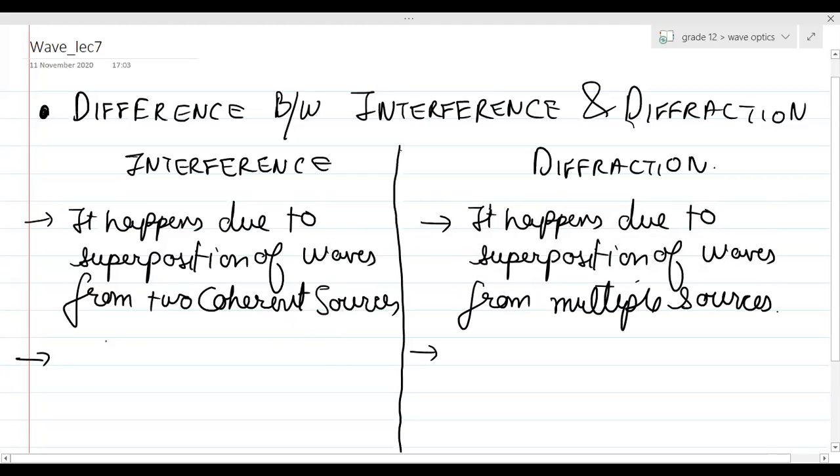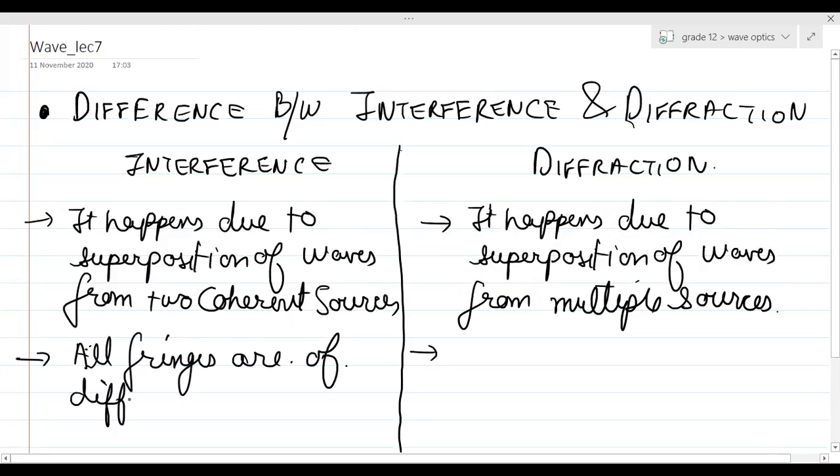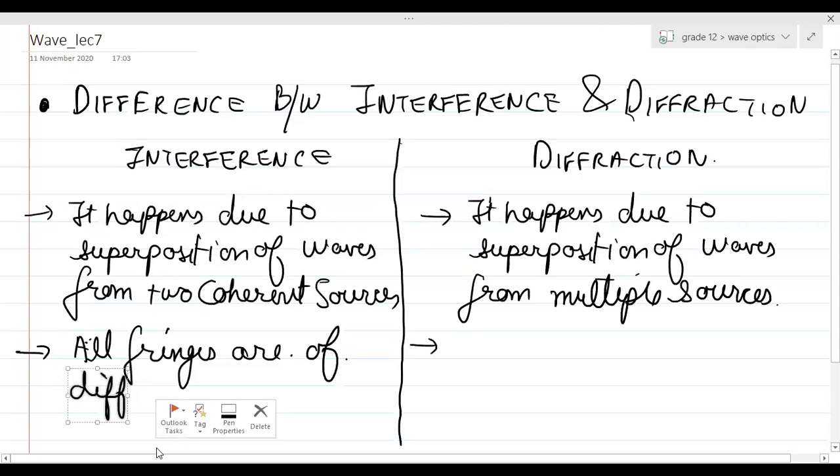In the second case, all fringes are of the same width in interference. The fringe width is constant in the case of interference, right?